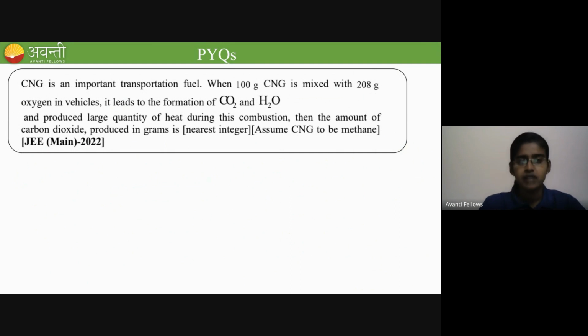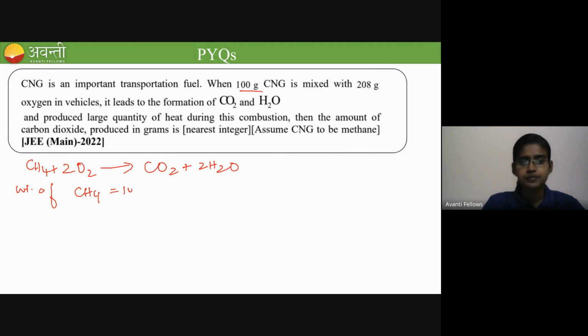Then we have to write the complete combustion reaction of methane. So it will be again CH4 plus 2O2 giving CO2 plus 2H2O. Now the weight of CH4, compressed natural gas, is 100 gram, and the weight of oxygen is 208 gram.